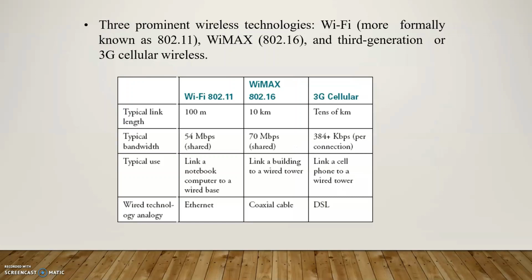The three prominent wireless technologies are Wi-Fi, that is the 802.11 IEEE protocol, WiMAX, that is the 802.16 IEEE protocol, and third generation cellular. The table shows a small comparison of the typical link length, typical bandwidth, typical use, and wireless technology analogies.